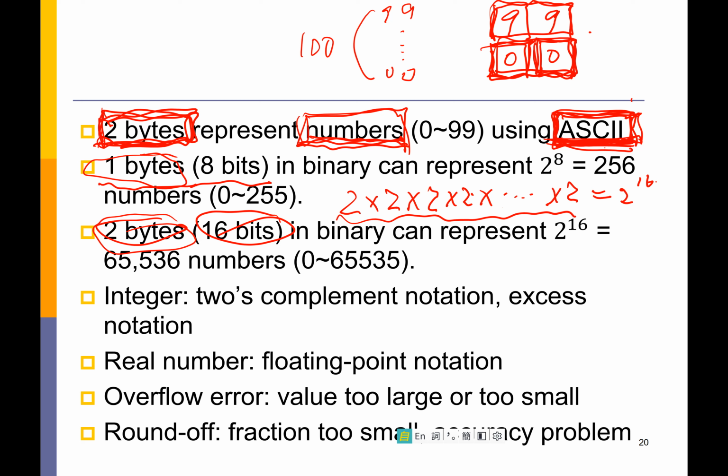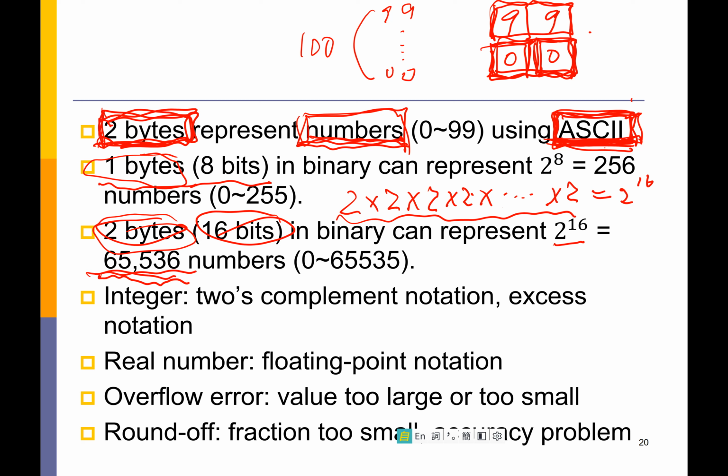So we have 2 to the power of 16 combinations, which implies we have 2 to the power of 16 numbers that can be represented using a binary system. Okay? So how big is 2 to the power of 16? It's 65,000 something.